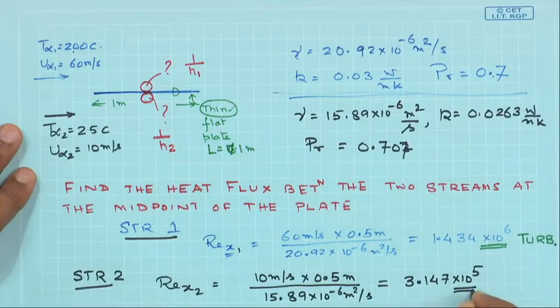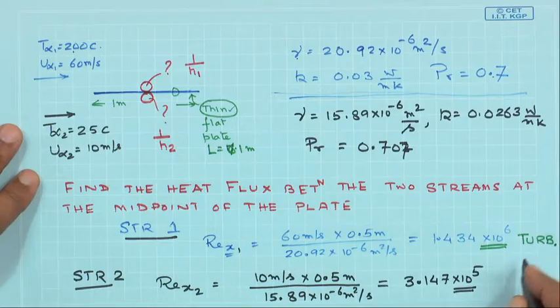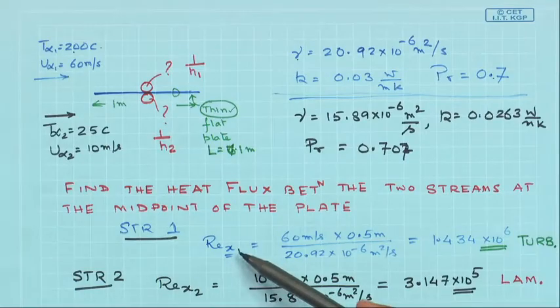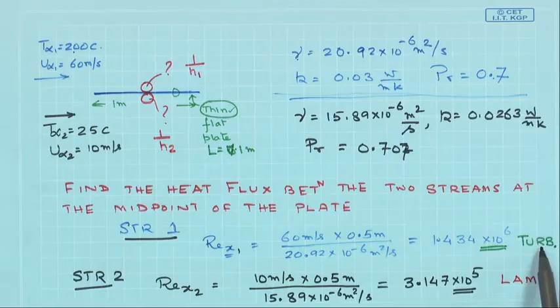So, it is 10 to the power 5, but it is less than 5 into 10 to the power 5. Therefore, this one is going to be in laminar flow condition. By looking at the local Reynolds numbers, we can see that one stream is in turbulent flow and the other stream is in laminar flow.